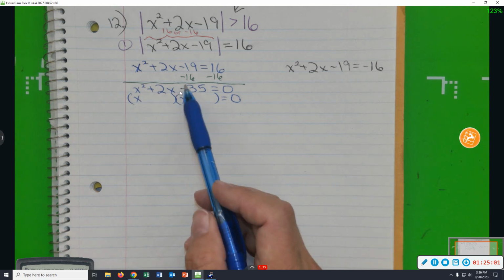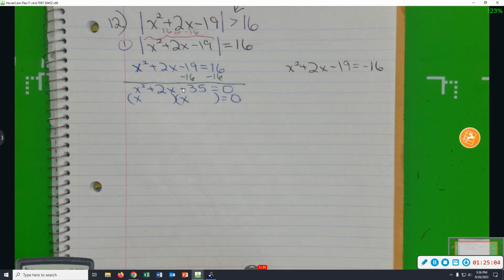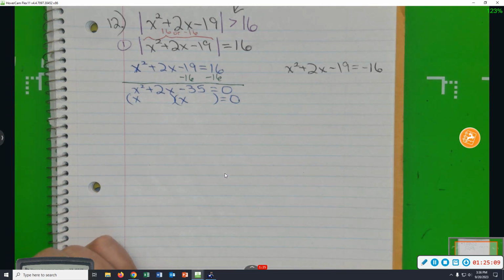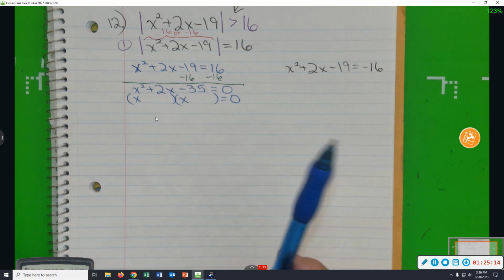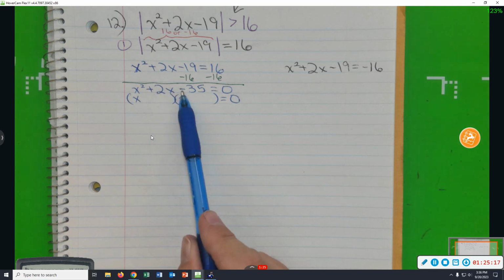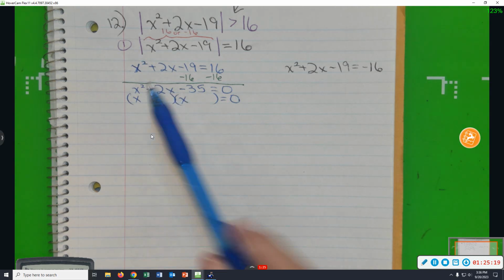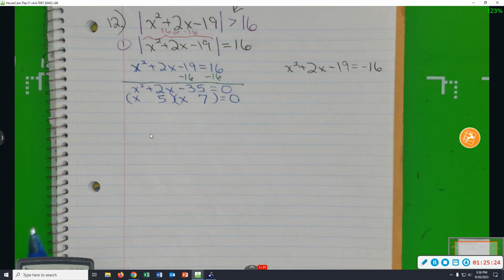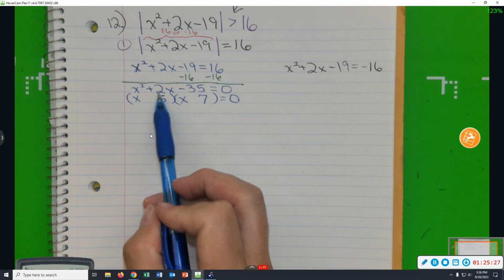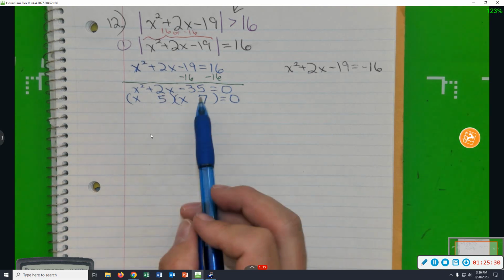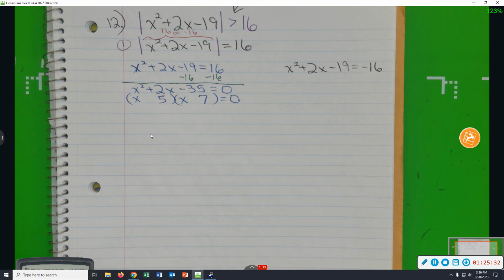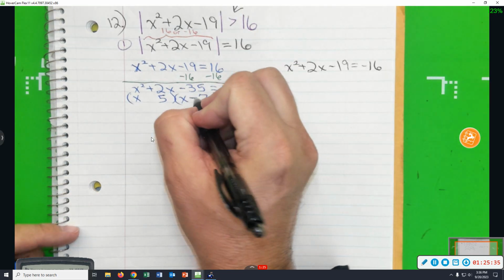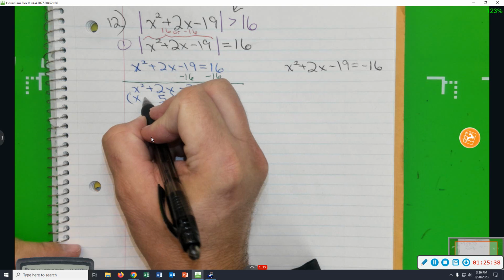The last sign's a minus, so we're going to have a negative and a positive. 35 is either 1 times 35 or 5 times 7. Which one? With a simple trinomial, you can choose the pair that subtracts to give you that number 2. So I agree, 5 and 7. Play it out in your head. We want to get back a plus 2x. So should it be a plus 5 or a plus 7? The plus 7. I agree.